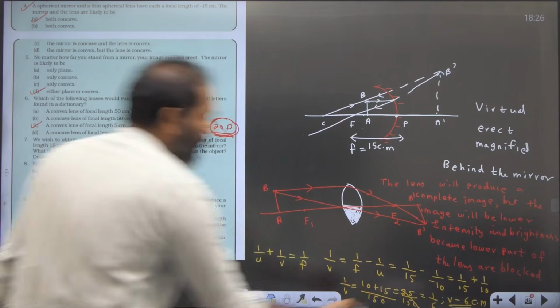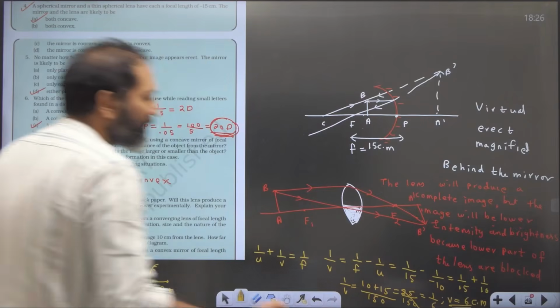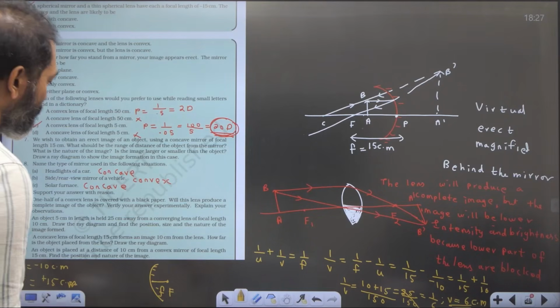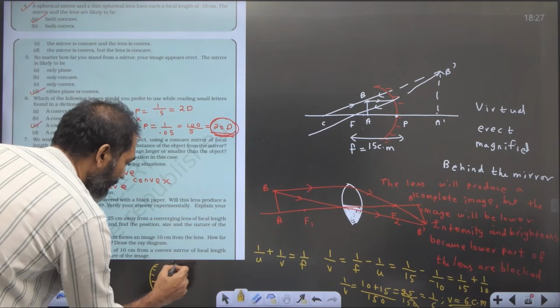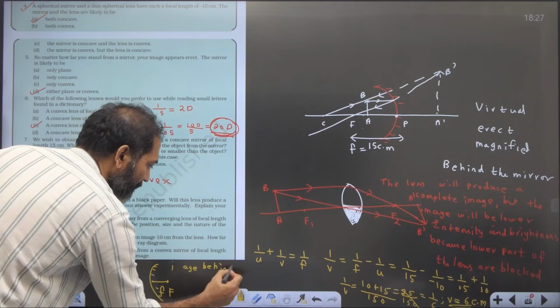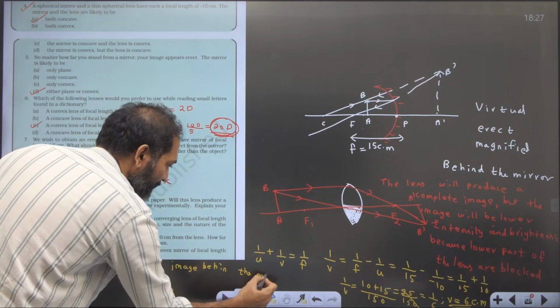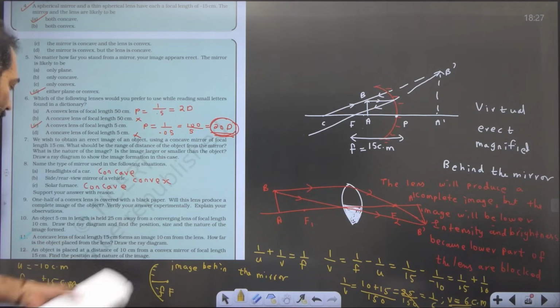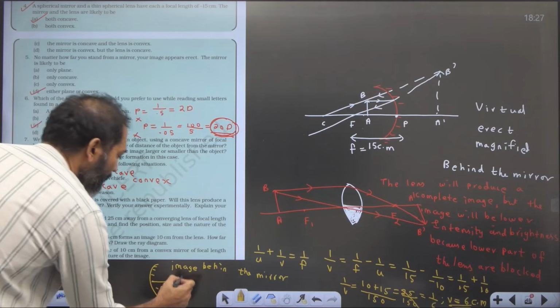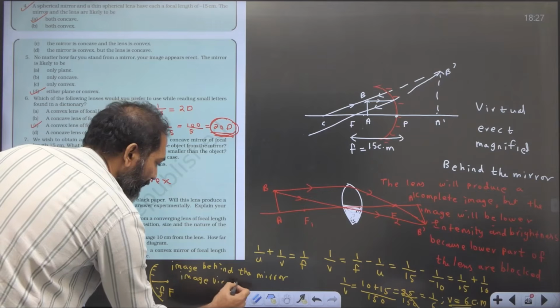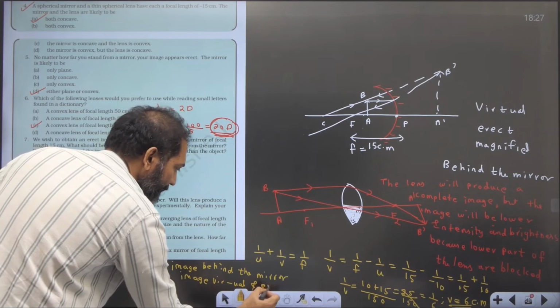See, we got plus 6. So the image distance is positive. So we are getting the image behind the mirror. Image behind the mirror means the image is virtual and erect.